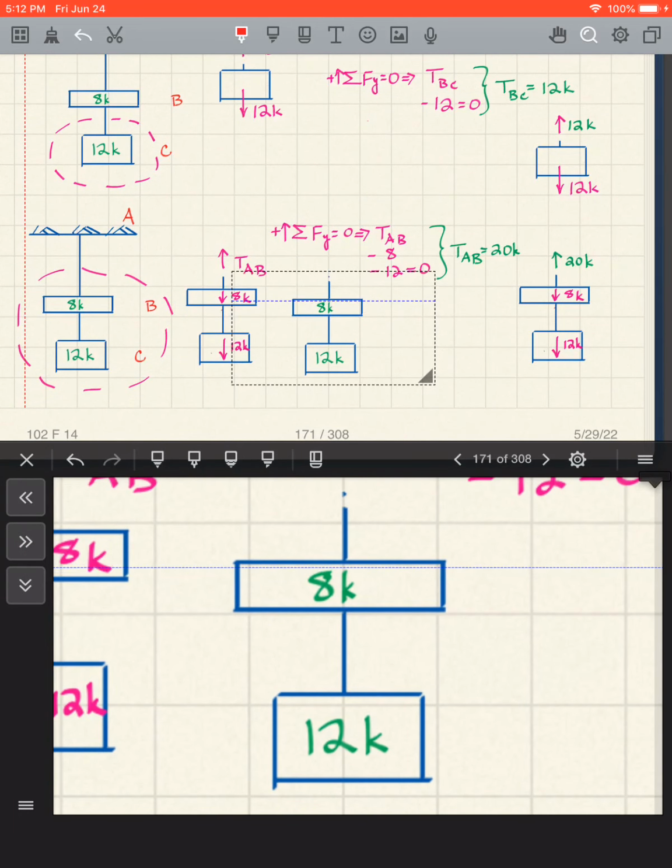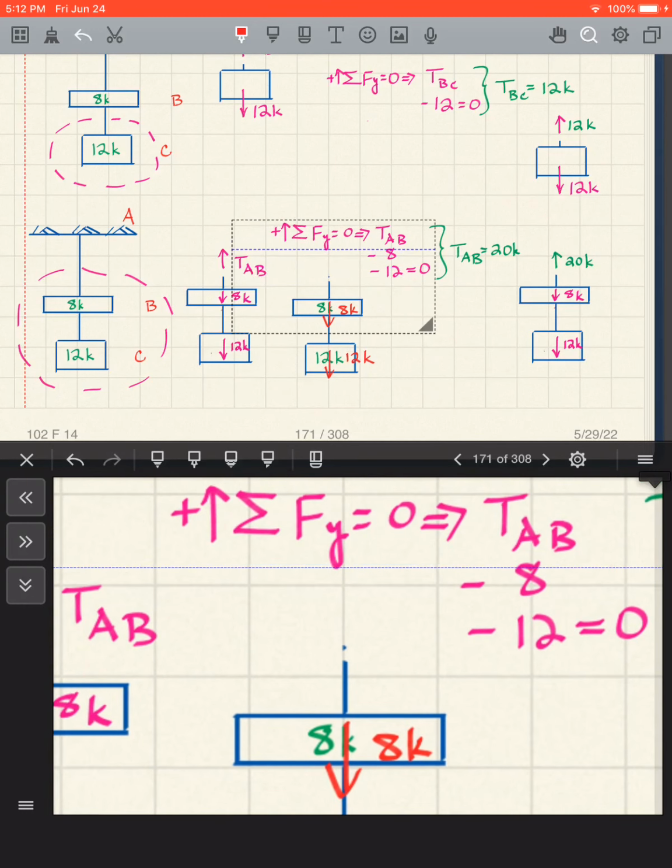So it shows 12 kips. So I draw there's 12 kips there, and then I have 8 kips there. And then I made a cut at my cable there, so I have to write a force, so that's going to be TAB.